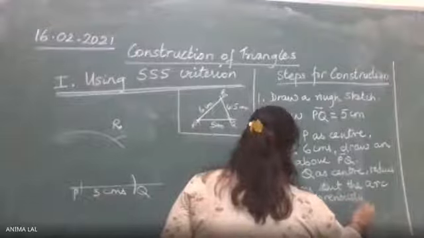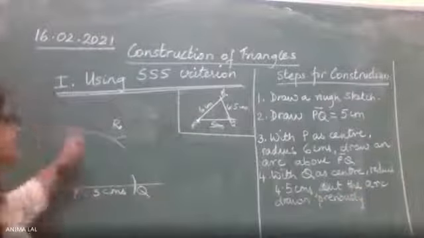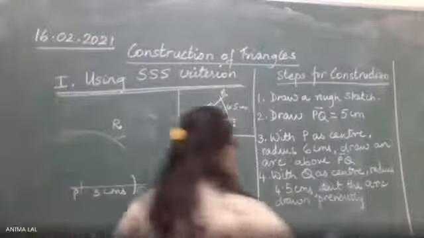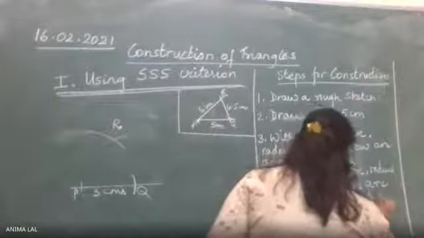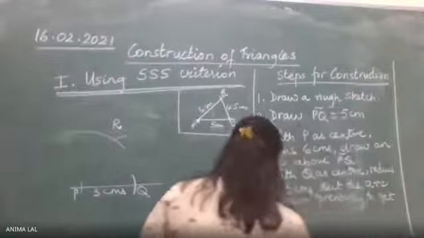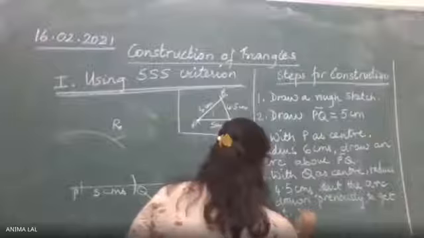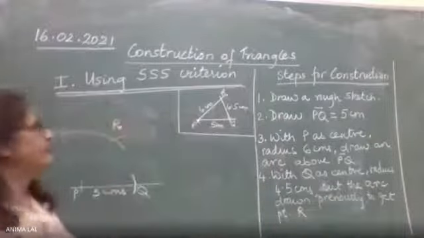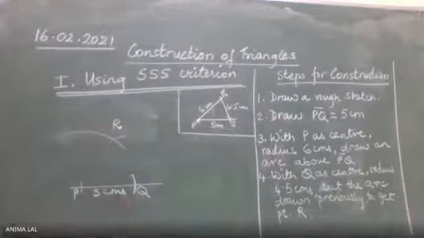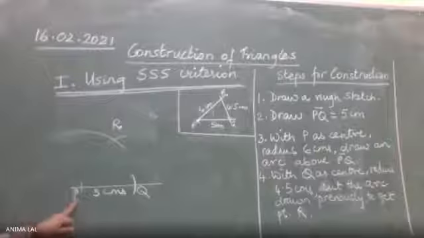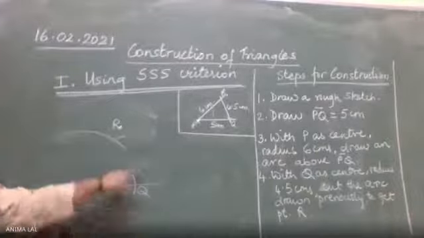Drawn previously means that 6 centimeter arc, to get point R. Now you get point R. So now you have got point P, point Q, and point R.